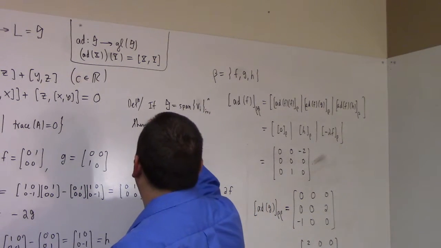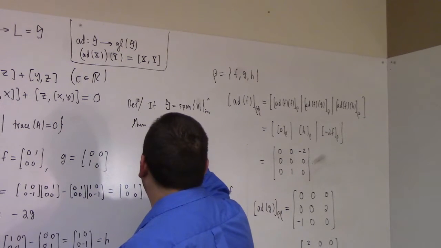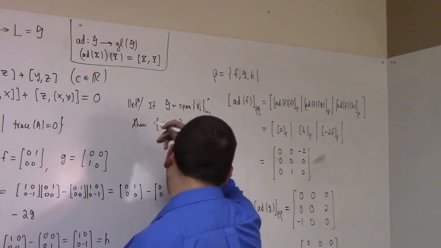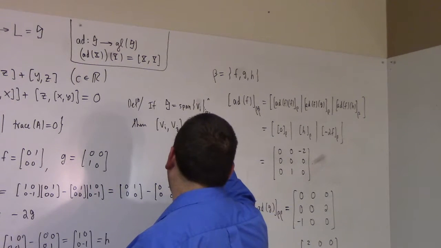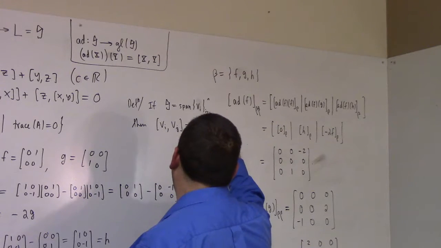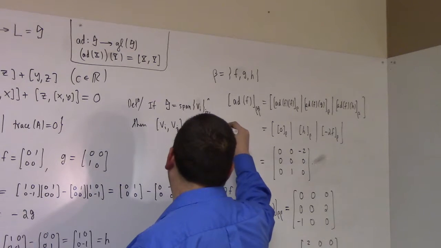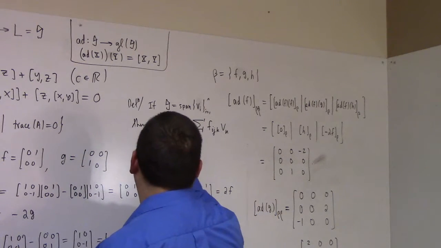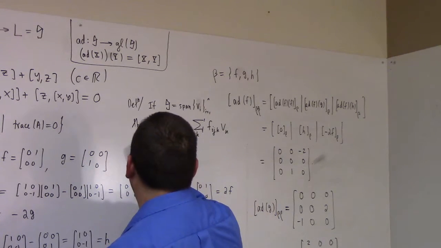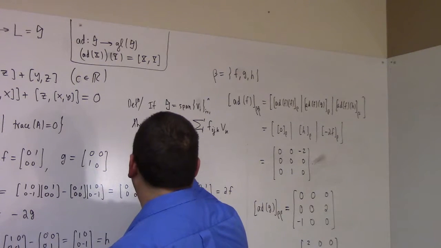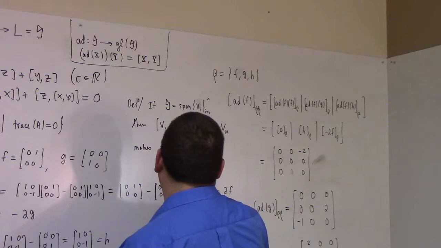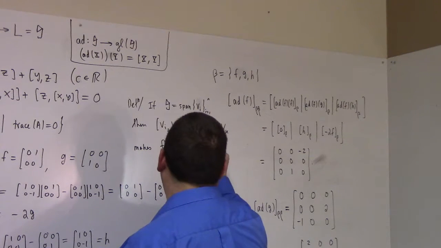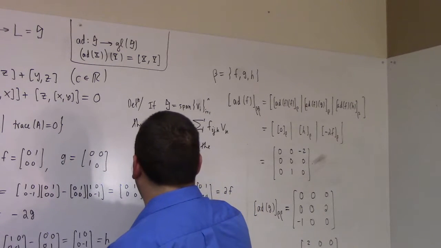Then, if you define the bracket of Vi, Vj to be equal to the sum over k of f_ijk times Vk, the f_ijk, which are elements of the reals or the complexes, are the structure constants of the Lie algebra.